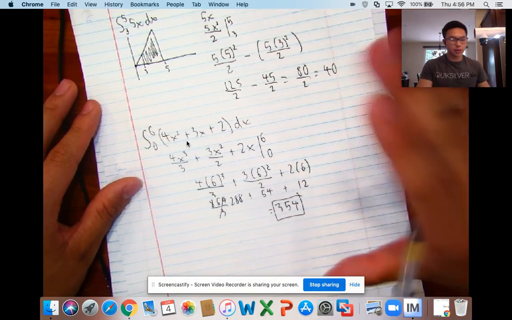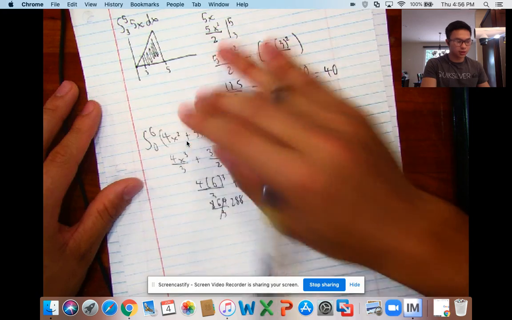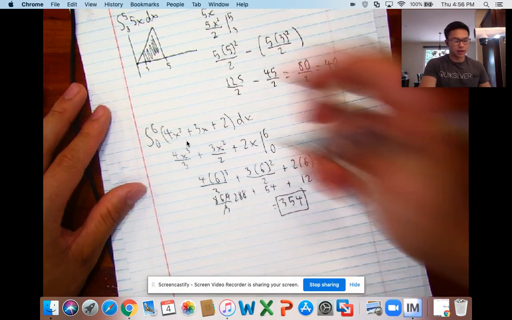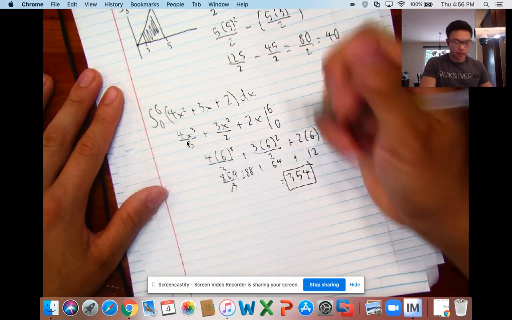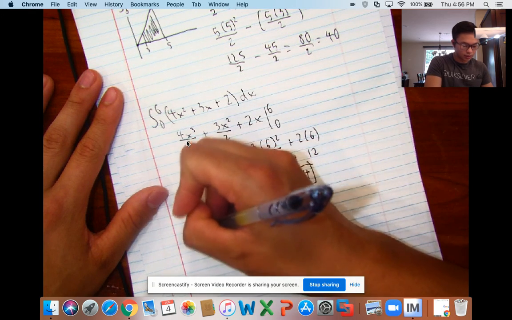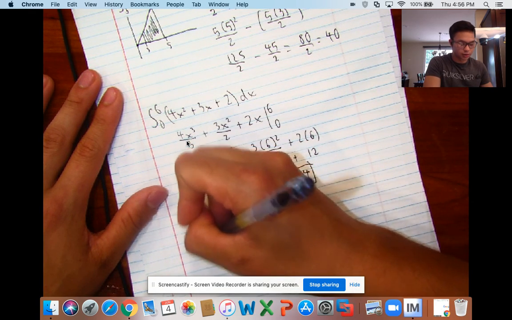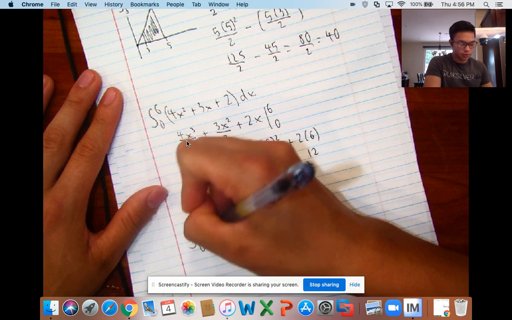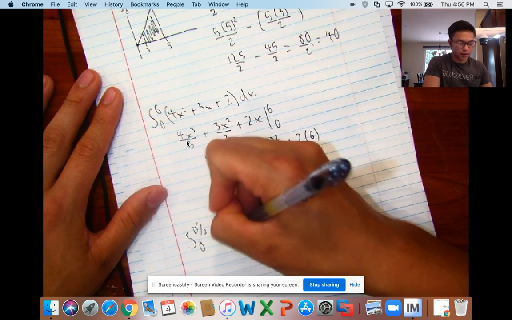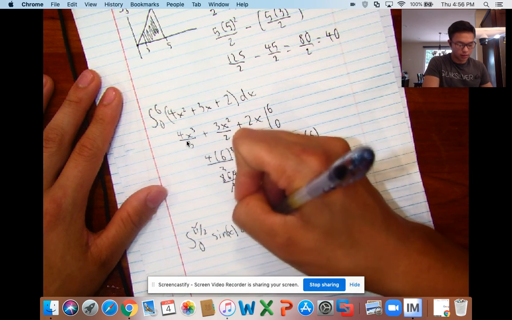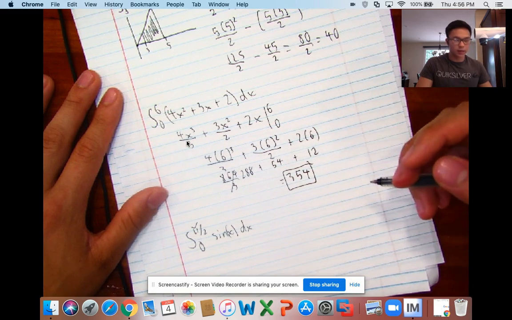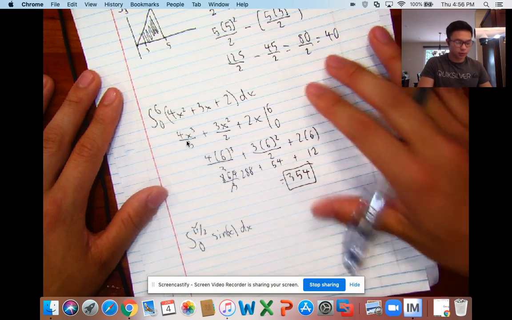Now we can use the same concept as we do with these algebraic equations with something like a sine equation. So let's say in the next case, we can have an example of the integral from 0 to pi over 2 of sine x dx. We're going to be doing the same process as before.